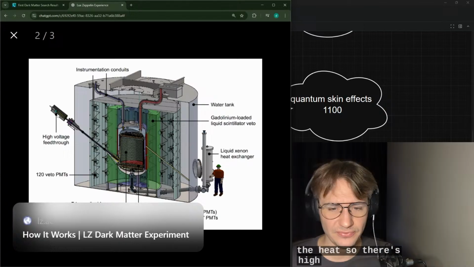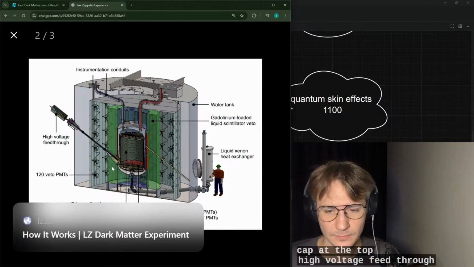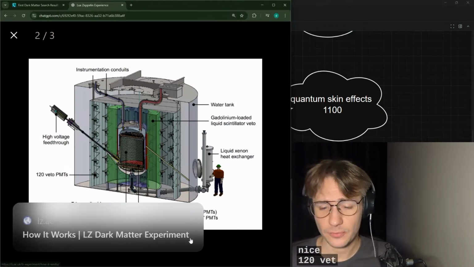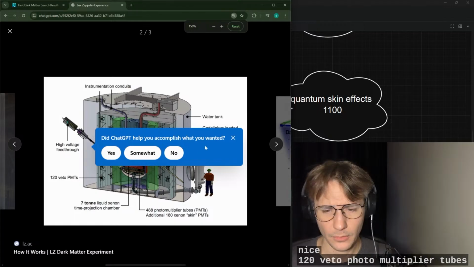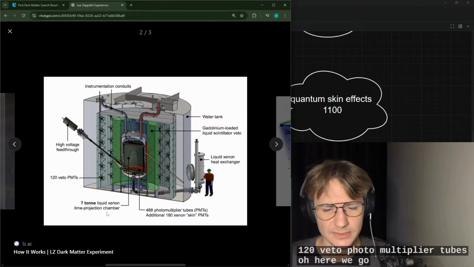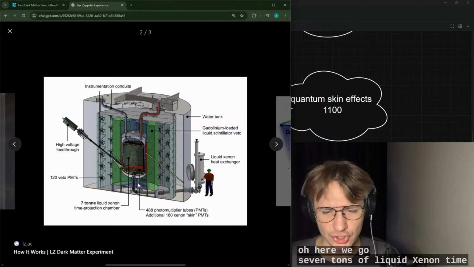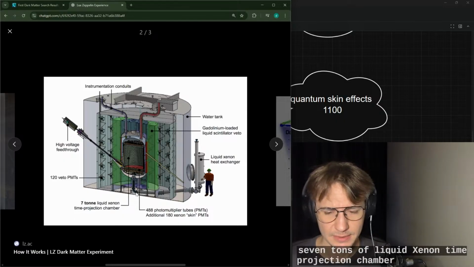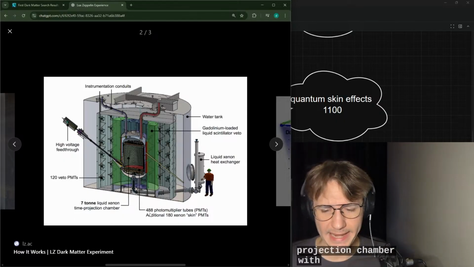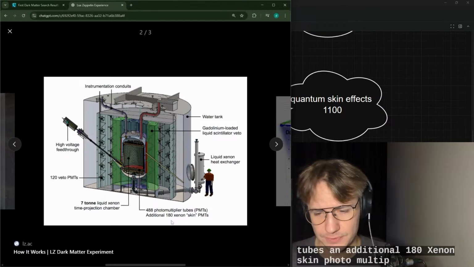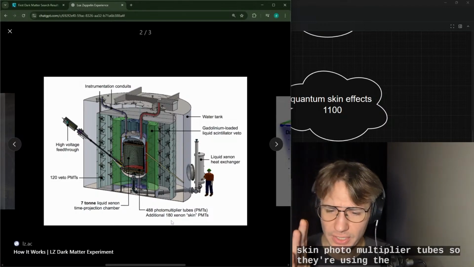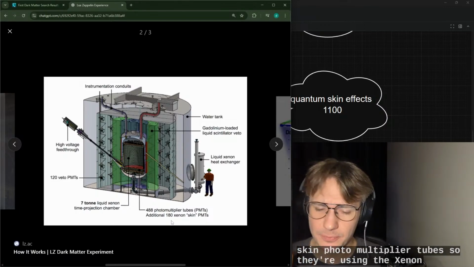High voltage feedthrough. 120 Veto photomultiplier tubes. Oh, here we go. 7 tons of liquid xenon time projection chamber with 488 photomultiplier tubes. An additional 180 xenon skin photomultiplier tubes. So they're using the xenon as another PMT somehow. Wow.